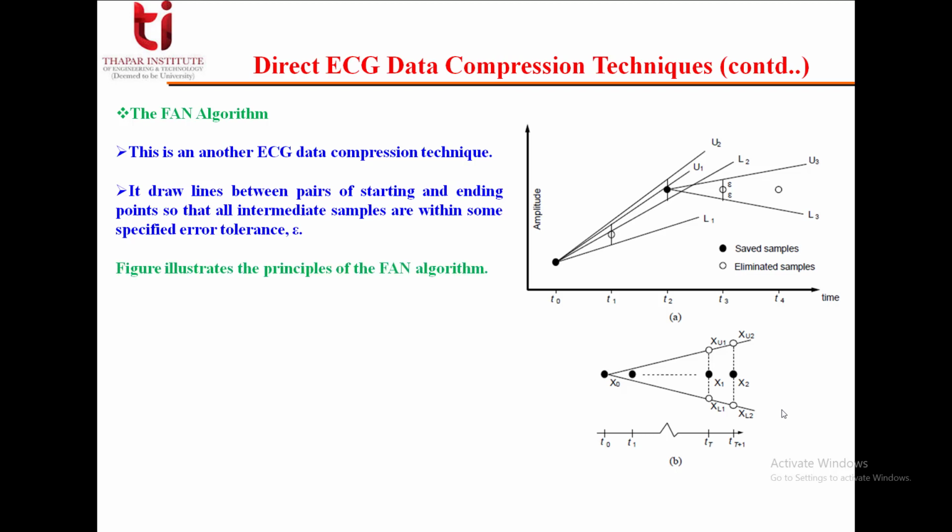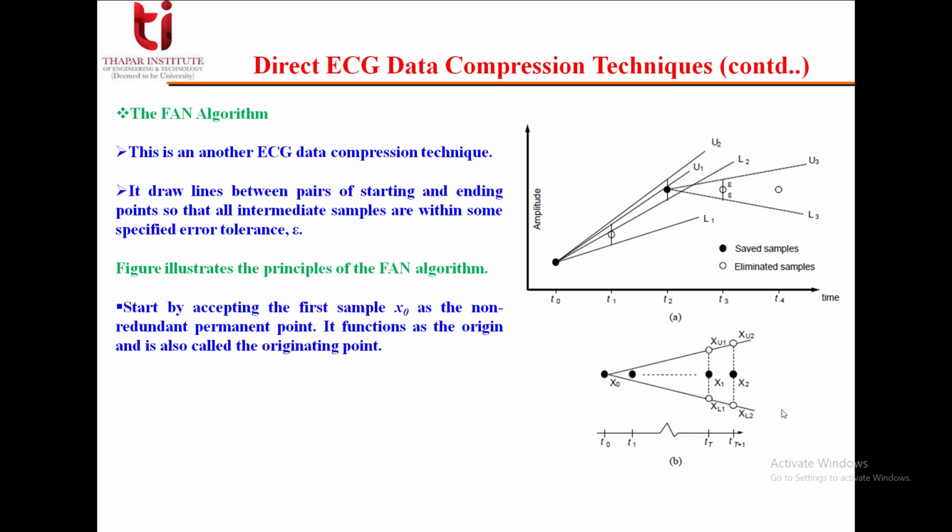This figure illustrates the principle of the fan algorithm. We start by accepting the first sample as x0; here small and capital X0 are the same. It represents the non-redundant permanent position, functions as the origin, and is also called the originating point.